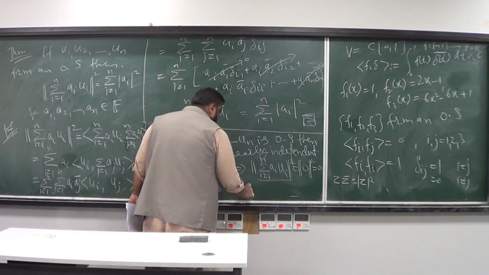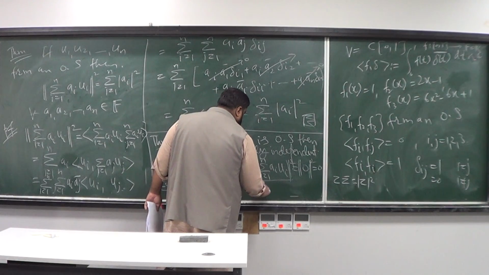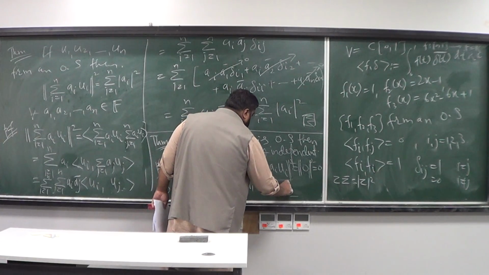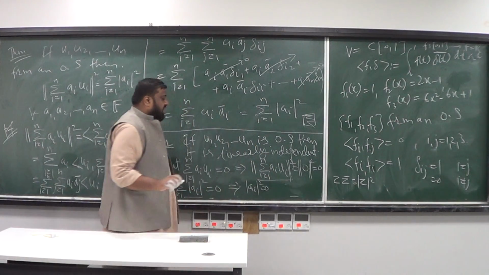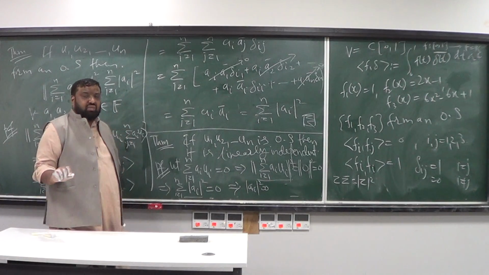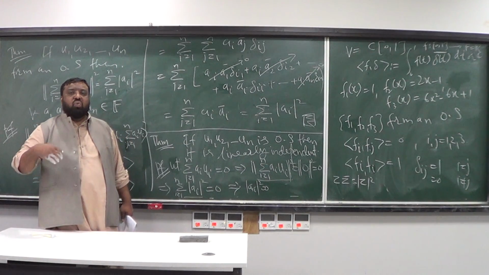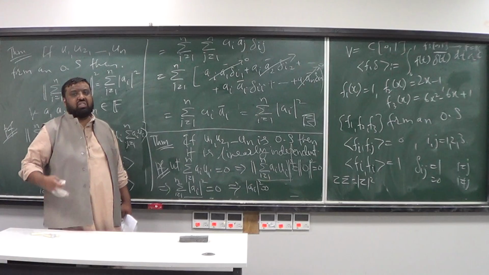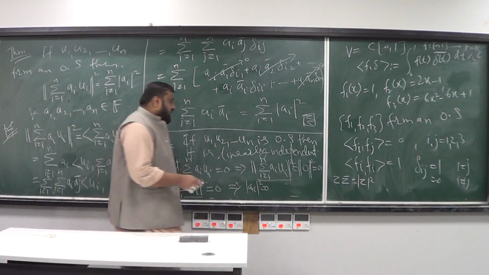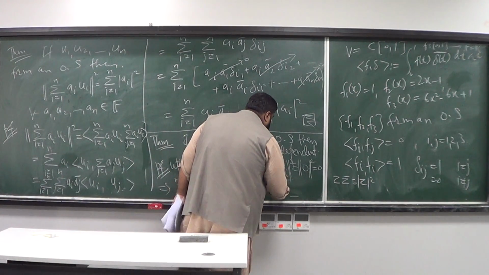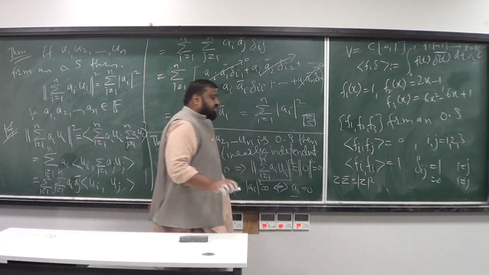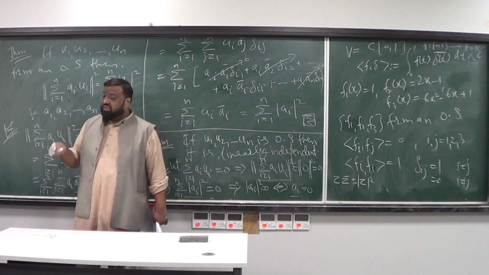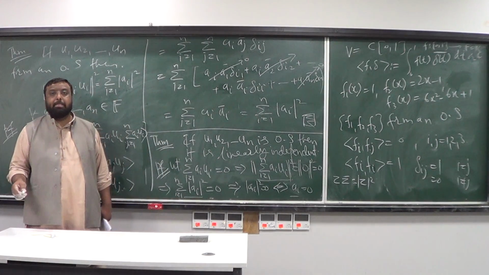All of these. So this shows that a1, a2, and so on, all of these magnitudes of ai squared are 0. Now what are the complex numbers whose magnitude is 0? The only complex number whose magnitude is 0 is the zero complex number.